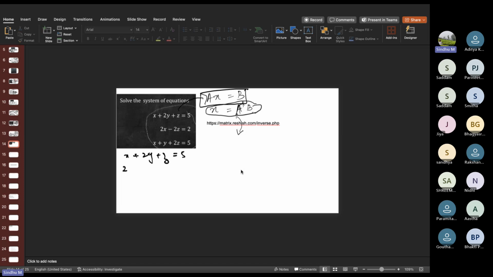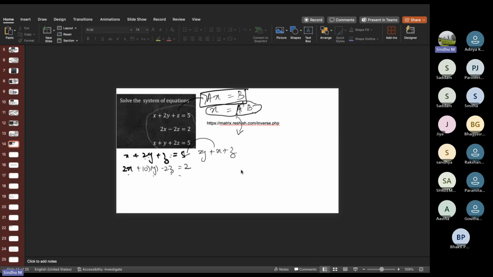So when you convert it into this form, you have to make sure that all the variables are there and they are in the correct order, like x, y, z, x, y, z. Even if it is of a form where y is coming first, you have to convert it so that x, y, and z are in the correct order in all the three equations.